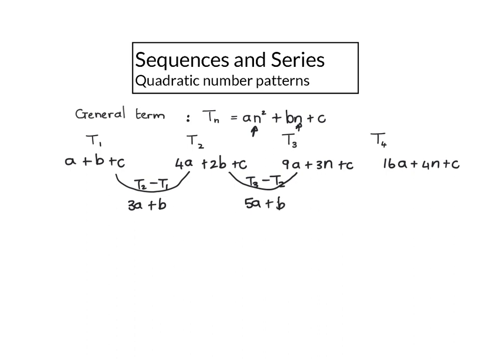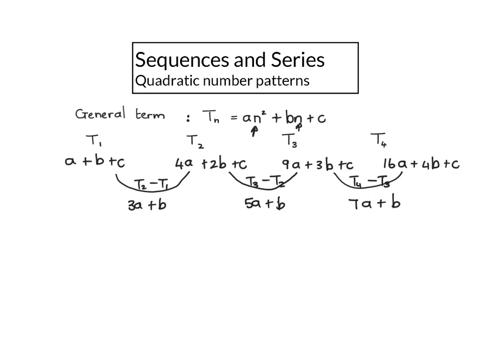There's a mistake there. That must be 3b, and that must be 4b. And then t4 minus t3 is 7a plus b.